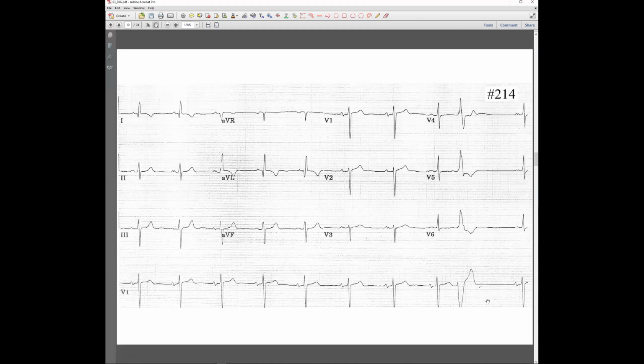That's terrific. Okay. Axis is left deviant, lead number 1 positive, AVF a bit negative, but lead 2 is almost equipotential, so I would say almost minus 30 degrees.